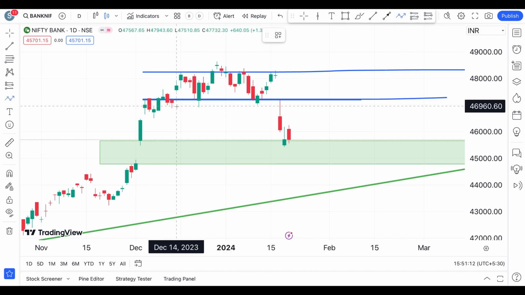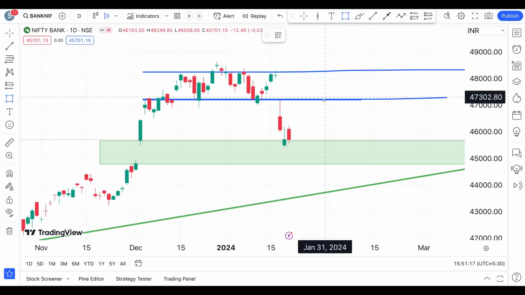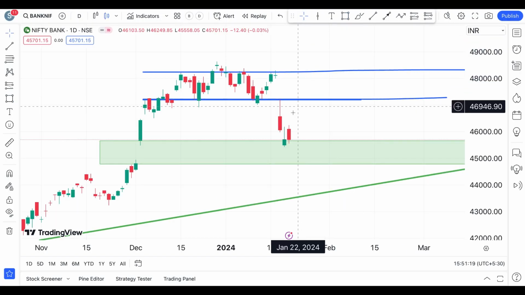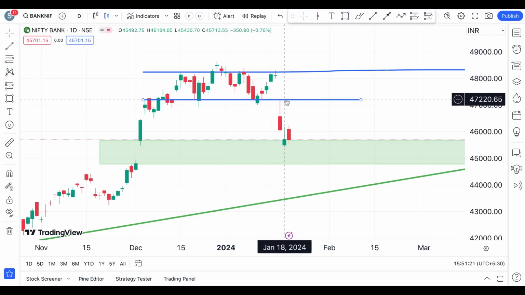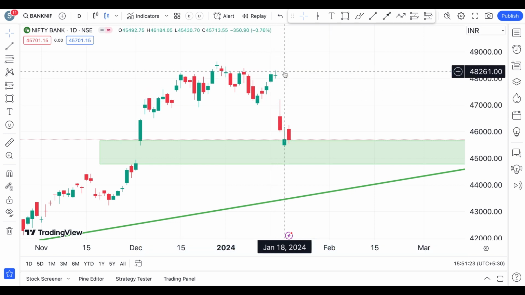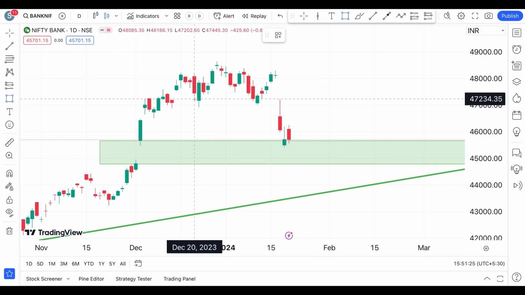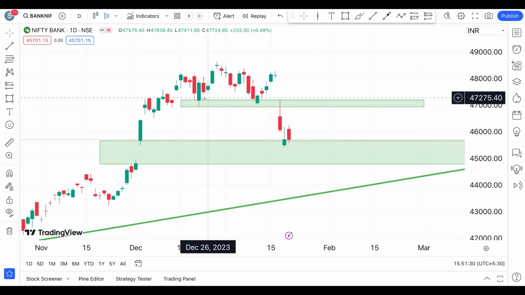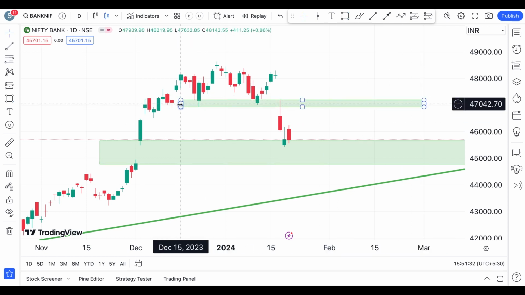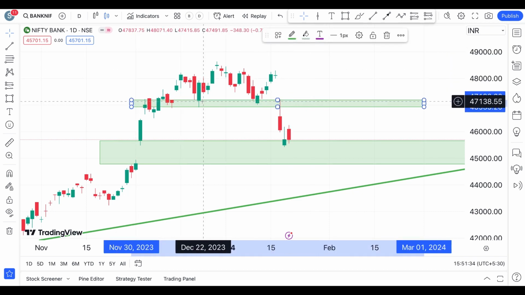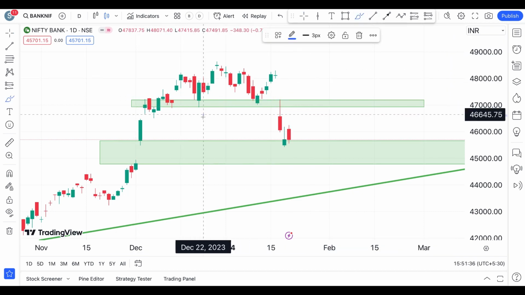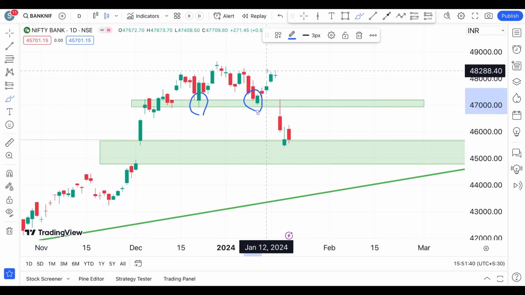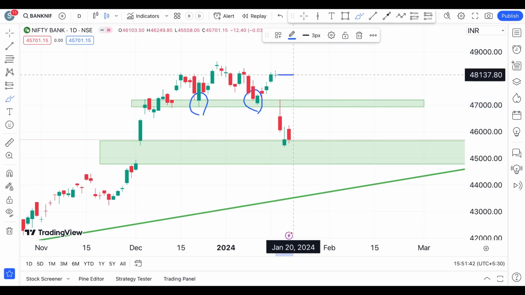Let me redraft. Let's remove all these lines and draw it very particularly based on this previous swing. If you have been following our videos every day, you know that this is the level we have been marking every day, based on this swing low here, a place where it exactly took the support and rose, but it has dropped drastically here.